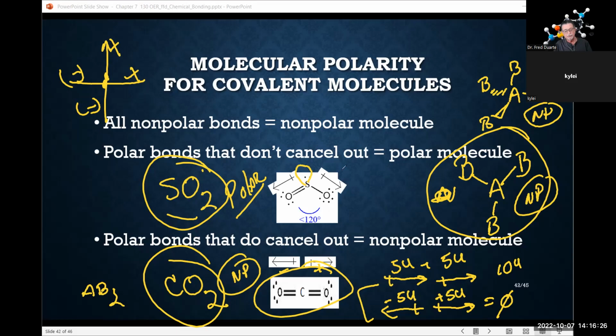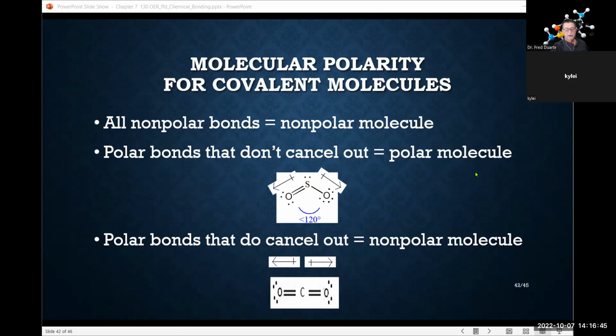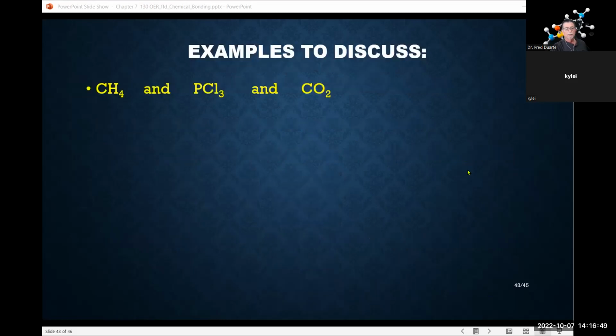Because the Lewis dot structure tells us this is the geometry of SO2, and this is the geometry for carbon dioxide. And then we can look at the polar bonds and see why one is polar and why the other one is nonpolar. Okay, so geometry plays a crucial role. Now we talked about.